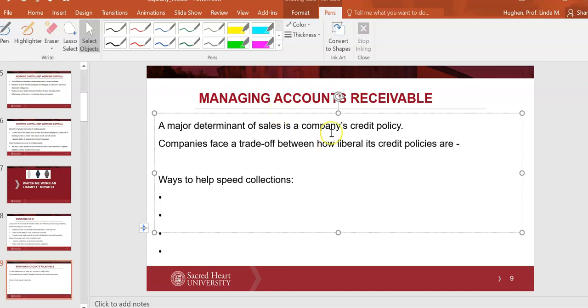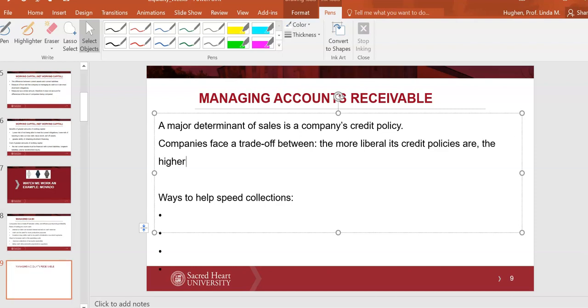Let's say the more liberal a company's credit policies are, the higher the sales are going to be. The more people we're extending credit to, the higher our sales dollars are going to be. But what's the problem here? The more liberal we are with our credit policies, the lower the likelihood of collection. We're going to end up with some bad debts.